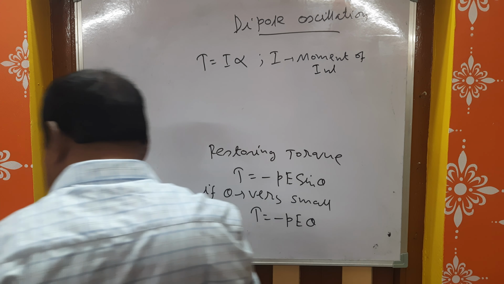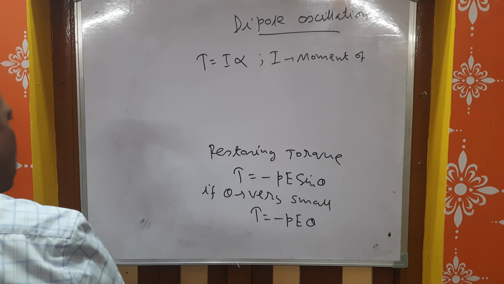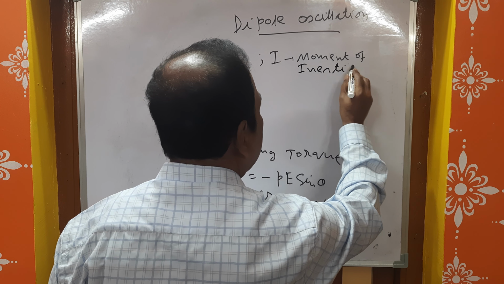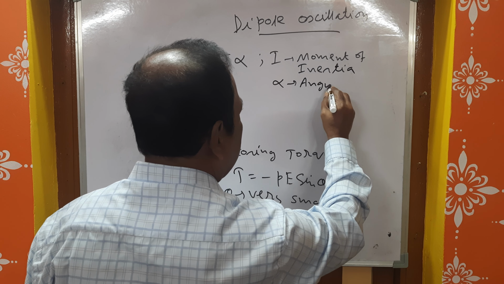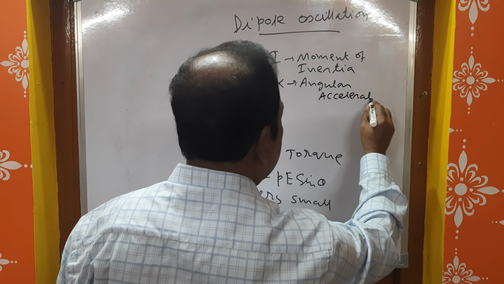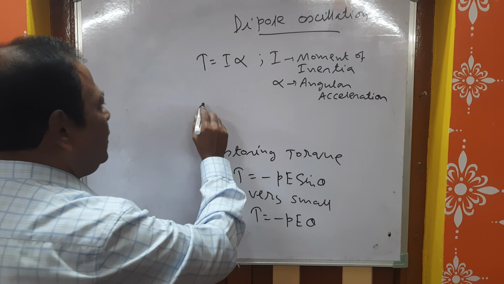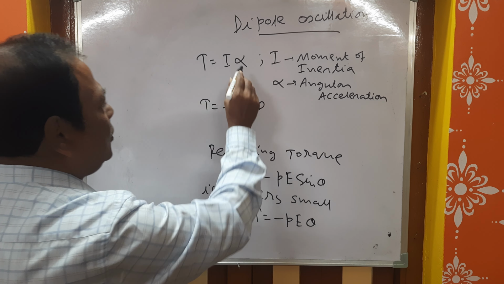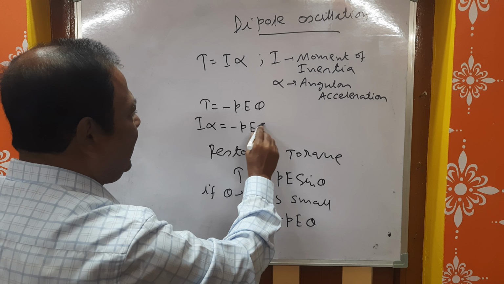I is the moment of inertia and alpha is the angular acceleration. So torque is equal to I alpha, and from the previous equation that is minus P E into theta.